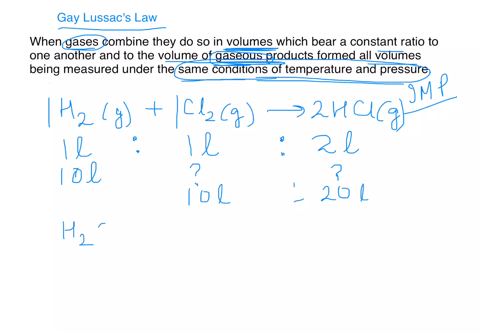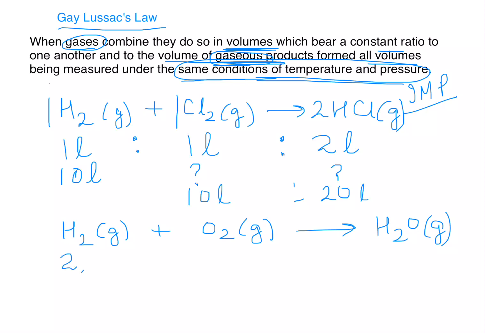Try one more question. I've got hydrogen gas burning in oxygen gas to give us steam, H2O, in the form of a gas or vapor. So if I have to burn 2 liters of hydrogen, how much of oxygen is required and how much of steam will be formed, assuming the reaction goes to completion?